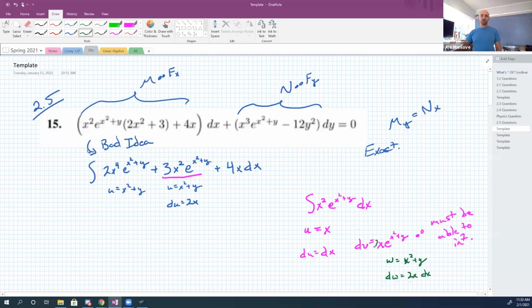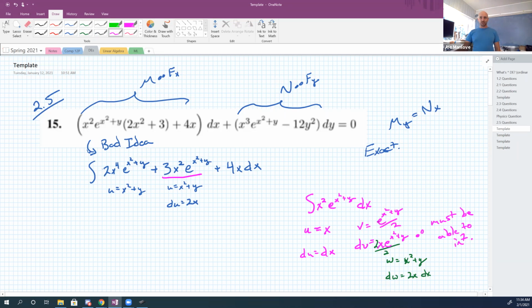Okay, so I need a 2 in here, but I can't just willy-nilly do that, so I need an over 2 here. With me on that? Okay, so in integrating this, I'm going to get a v, which is going to be e to the x squared plus y over 2.